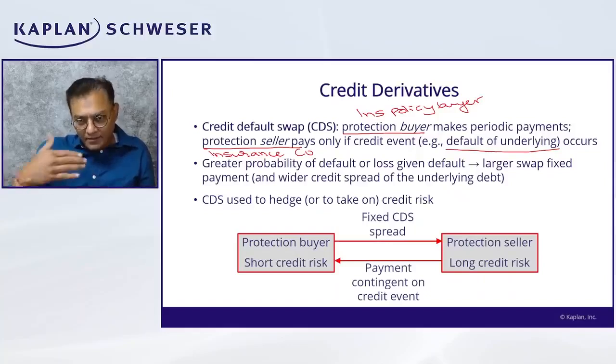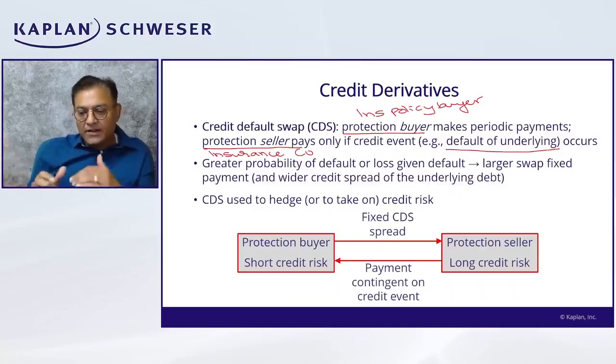If the credit quality of the reference obligation degrades, goes down, then the protection buyer will benefit. Remember, even though the underlying pays off only when default occurs, the price of the underlying policy will change as the credit quality changes. So if the credit quality gets worse, the credit spread will increase.